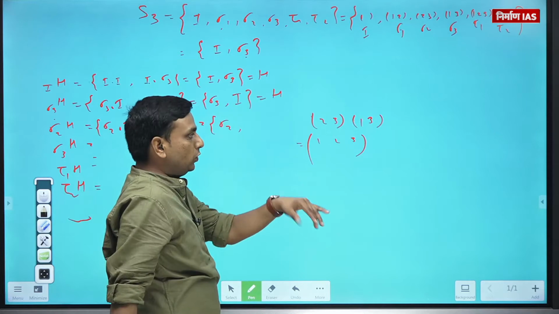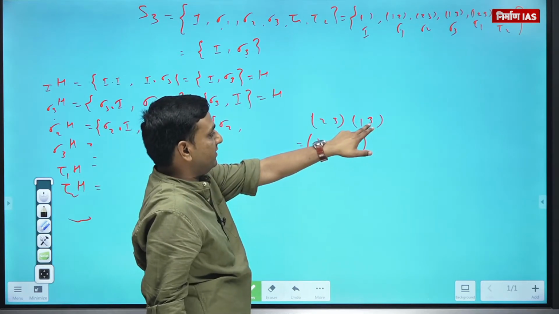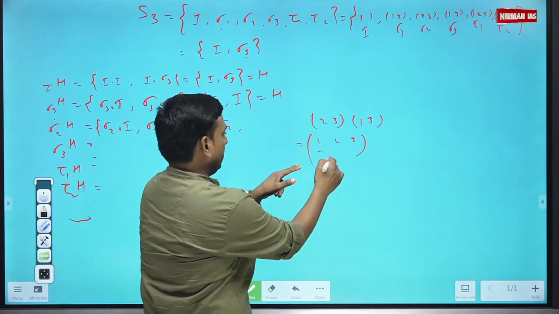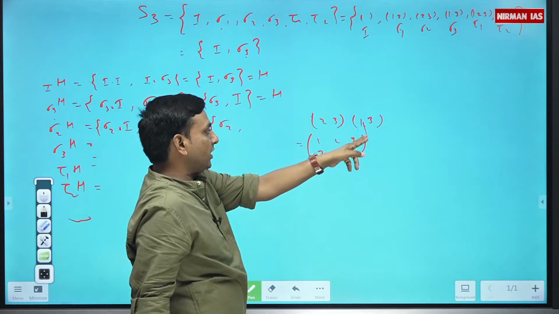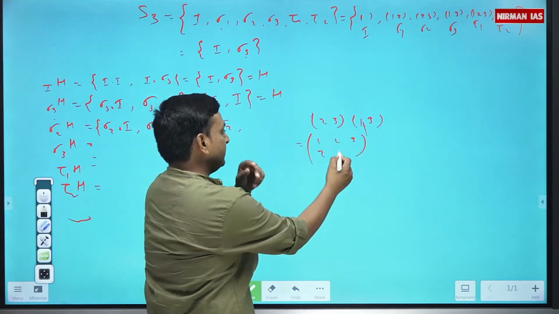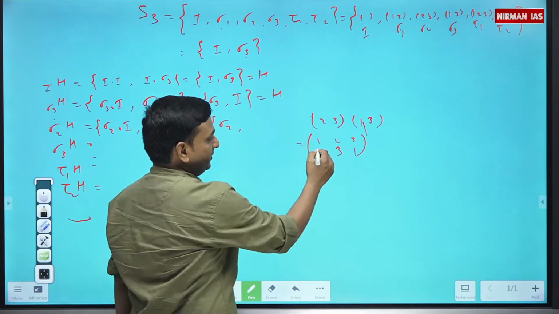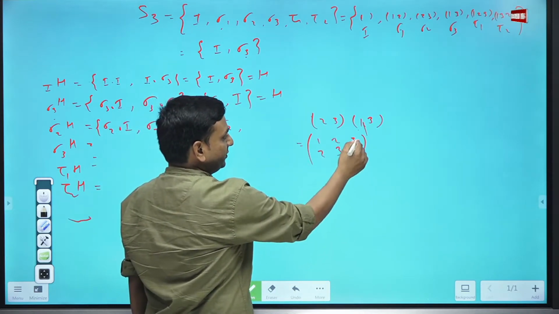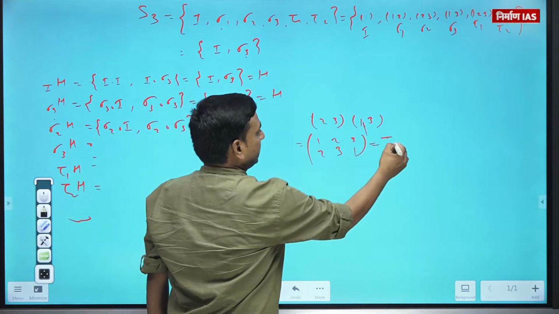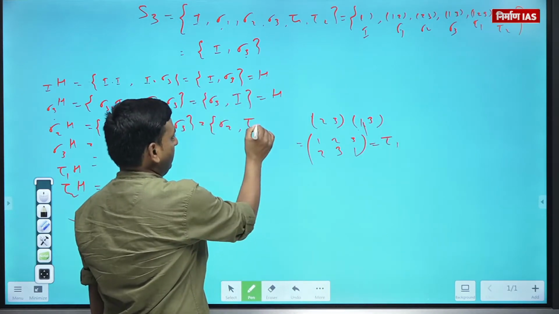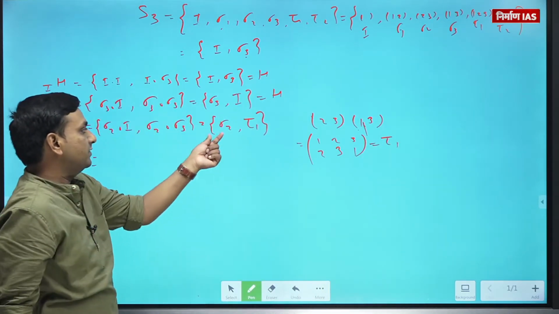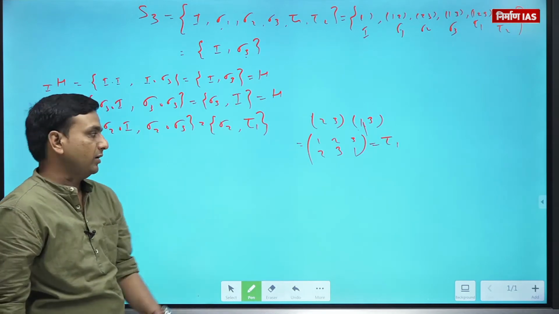Now here we will see: the image of 1 is 3, here the image of 3 is 2, so here 1 goes to 2. Here 2 goes to 2, and then the image of 2 is 3, and that 3 goes to 1. Is that clear? So 1 goes to 2, 2 goes to 3, 3 goes to 1. So what is it actually? Tau 1. So this is the set {sigma 2, tau 1}.